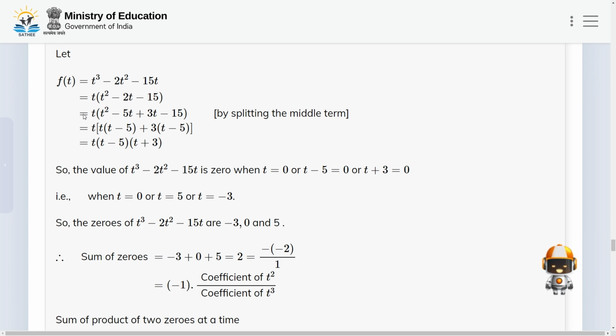So the zeros of t³ - 2t² - 15t are 0, 5 and -3. Therefore the sum of zeros is -3 + 0 + 5, which is equal to 2, and you can write 2 as -(-2)/1, which is minus coefficient of t² divided by coefficient of t³.